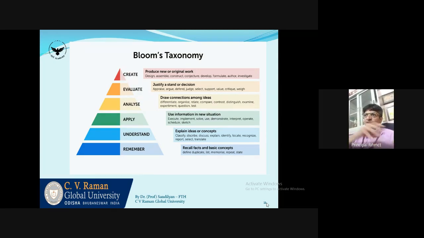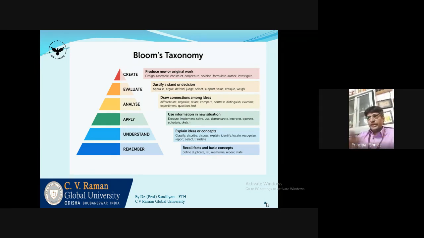When there are different solutions and the student is tasked to evaluate and come up with a right solution or the best one, that is a higher order thinking.